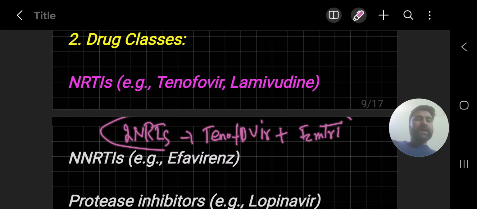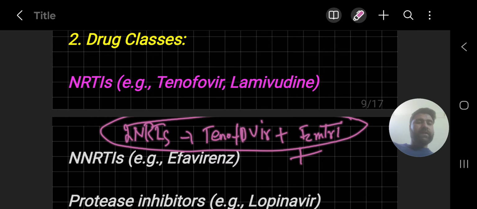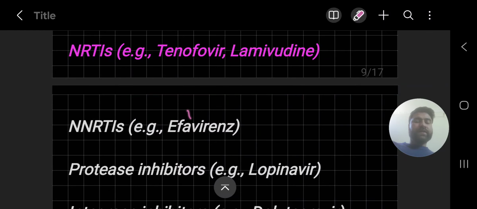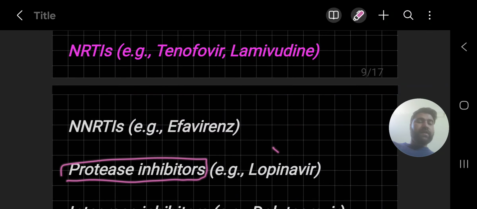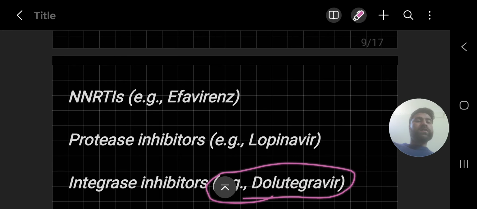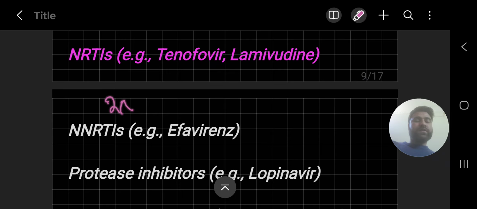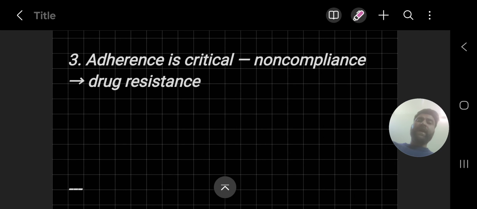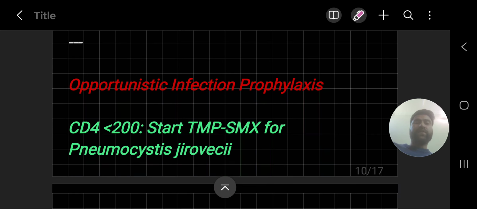These 2 NRTIs should be given along with either 1 NNRTI, for example efavirenz, or 1 protease inhibitor, lopinavir, or an integrase inhibitor, for example dolutegravir. So 2 NRTIs should be given along with one of these agents. Adherence is critical. Non-compliance leads to drug resistance, as I have told you.